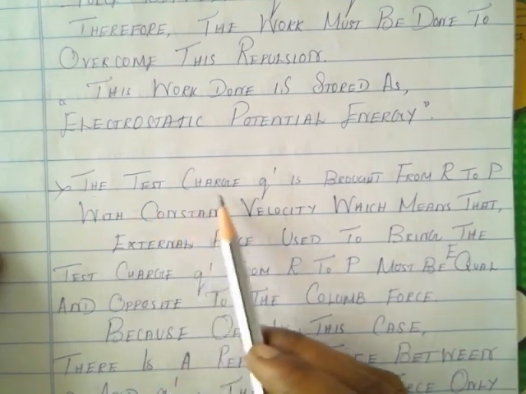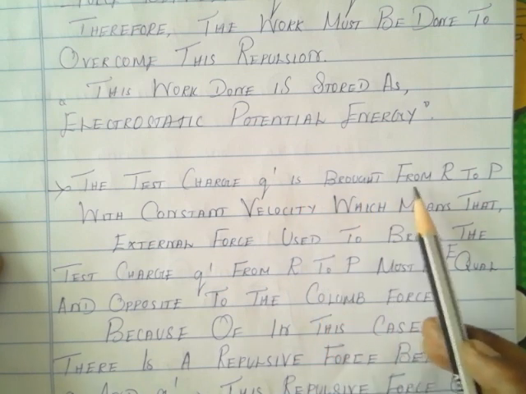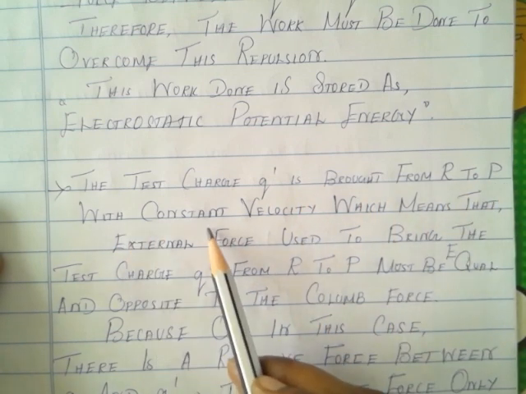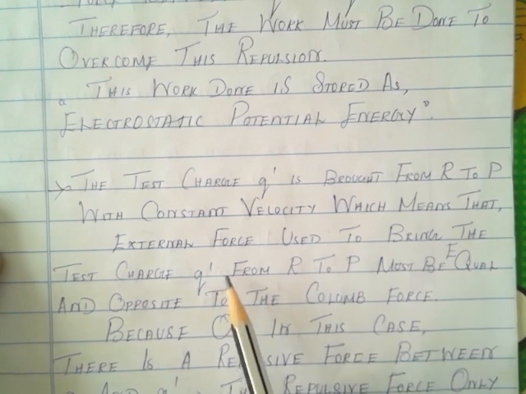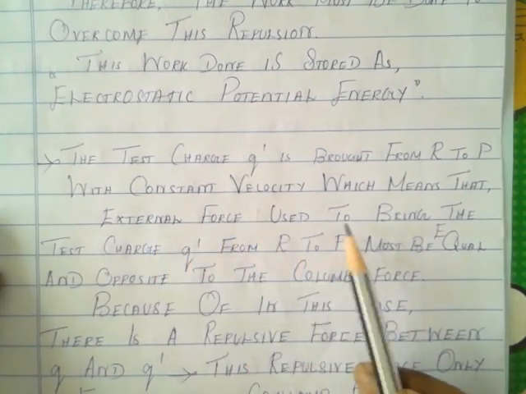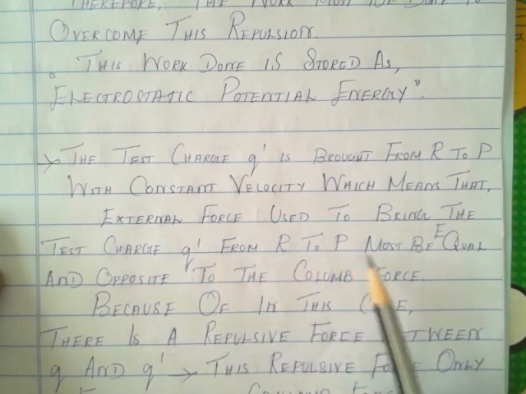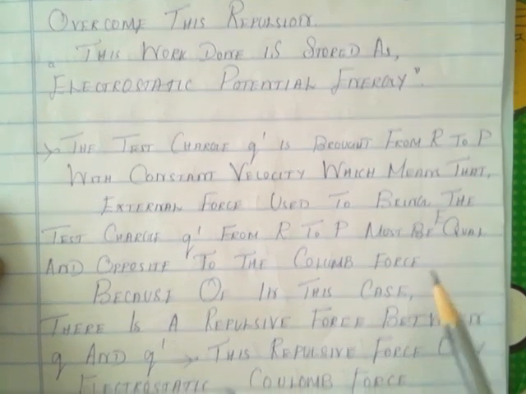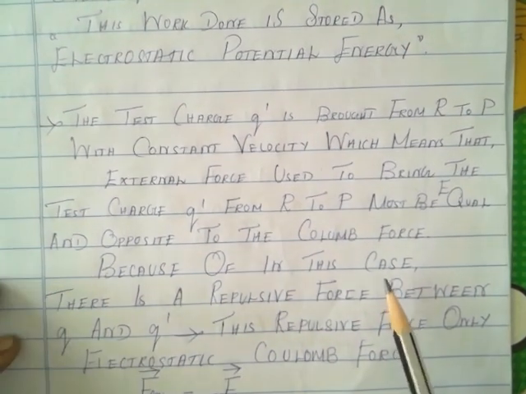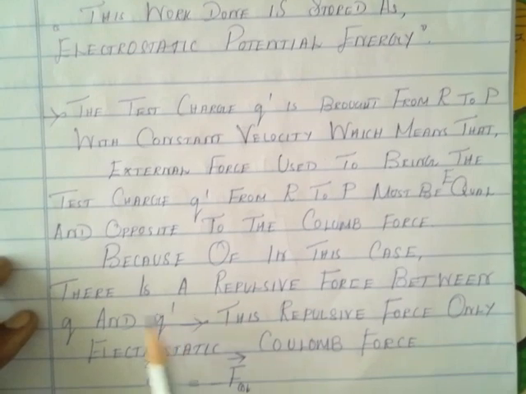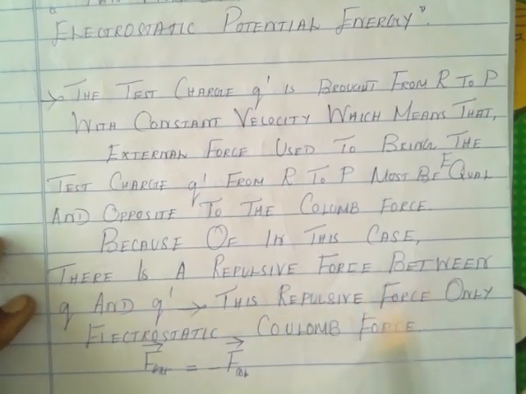The test charge q dash is brought from R to P with constant velocity, which means that the external force used to bring the test charge q dash from R to P must be equal and opposite to the Coulomb force. Why? Because in this case there is a repulsive force between q and q dash. Already we saw that this repulsive force is the electrostatic Coulomb force.